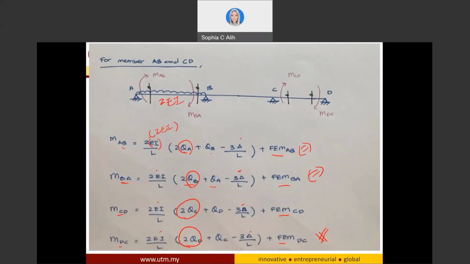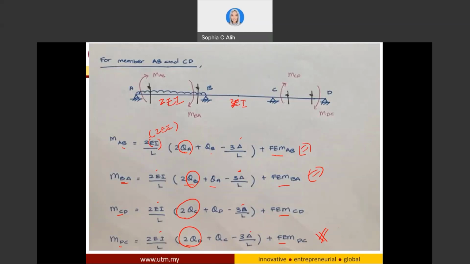This EI is referring to your span. So if you have 2 EI over here, you have to put 2 times 2 EI. And if I have 3 EI for span B and C, I have to put it in the equation.